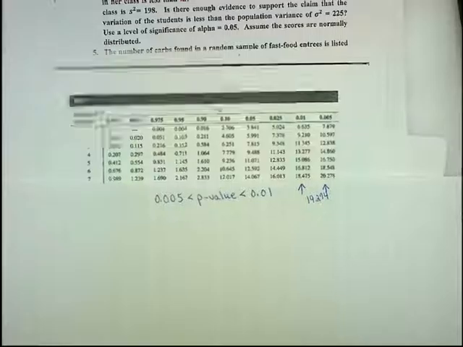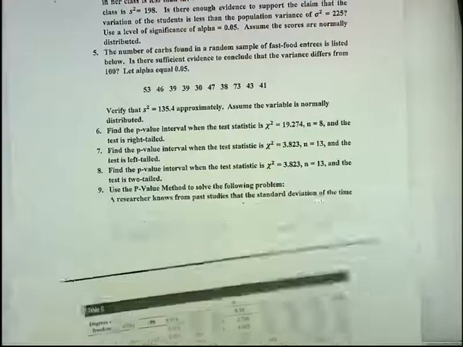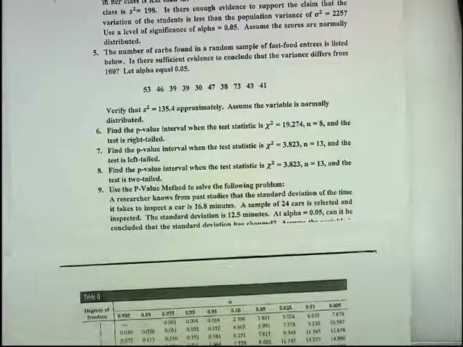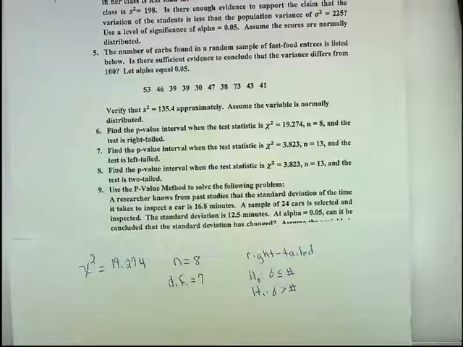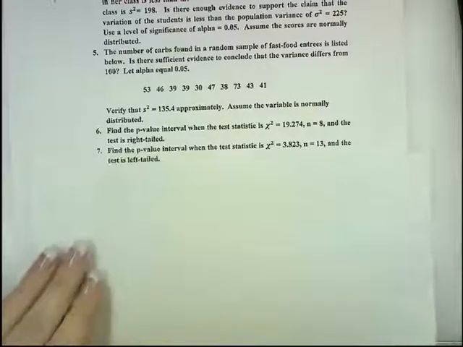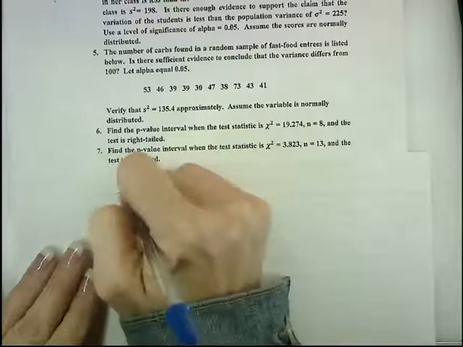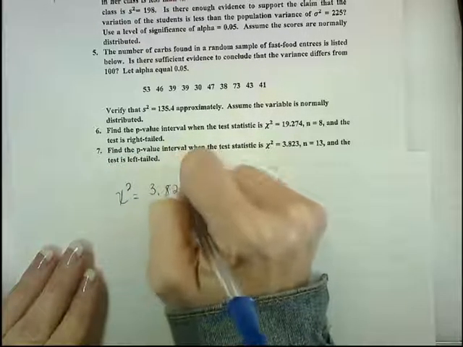Question number 7. It says find the p-value interval when the test statistic is 3.823, sample size is 13, and it's a left-tailed test. So the test statistic is 3.823.